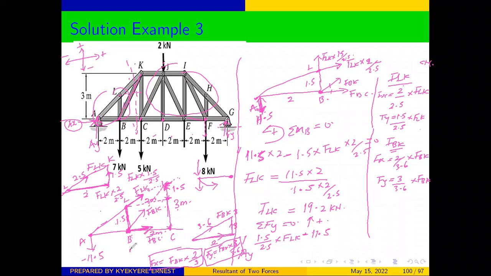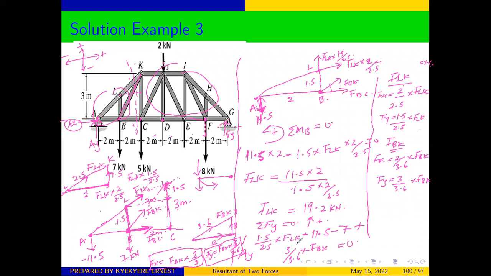And at B, we have a force of 7 kilonewtons, which is pointing downwards, so minus 7, plus the y component of FBK, which is 3 over 3.6 times FBK, is equal to 0.